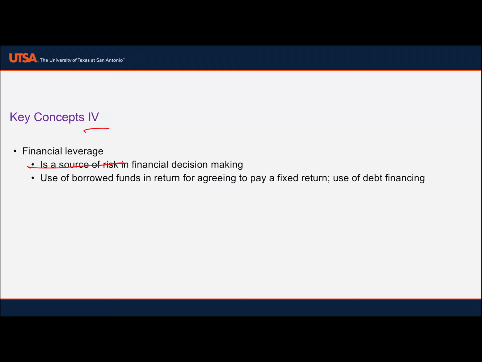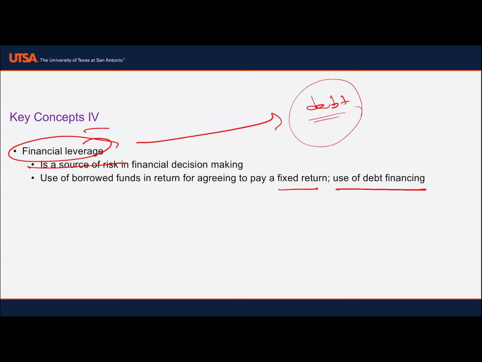It's a source of risk in financial decision making: the use of borrowed funds in return for agreeing to pay a fixed return, use of debt financing. Leverage means how much debt a company uses compared to its assets or other balance sheet items. So it just says how much debt the company has in percentage terms.